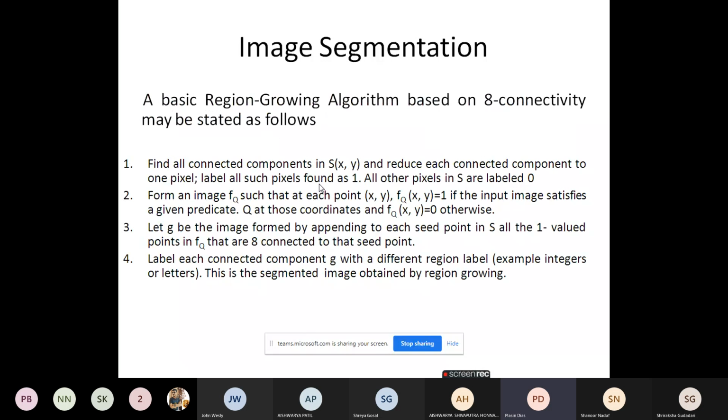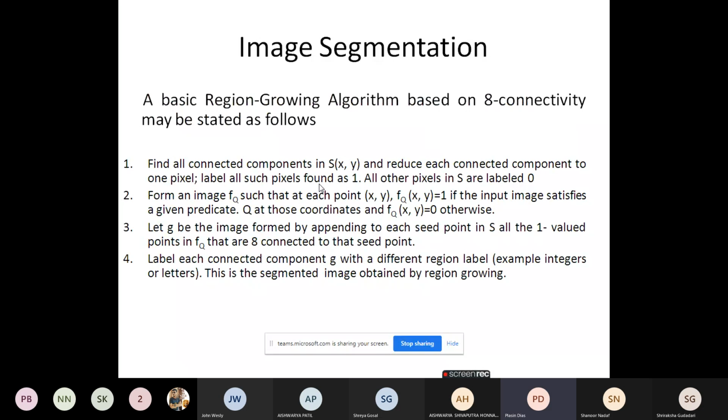Okay, so that's why we always say that whenever we go for a region growing algorithm based on some connectivity, particularly 8 connectivity, we have some rules that should be followed.